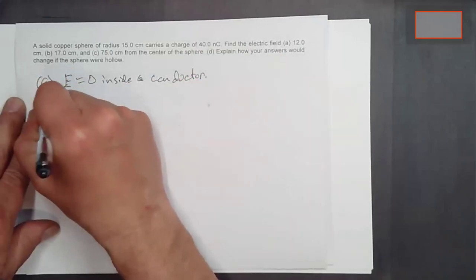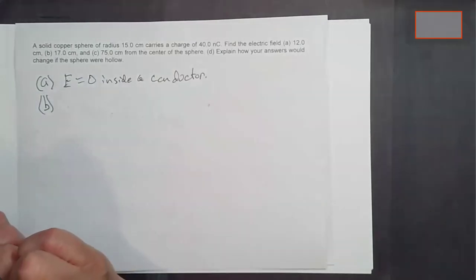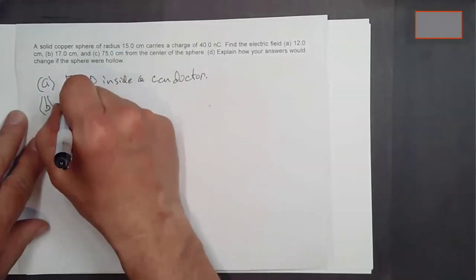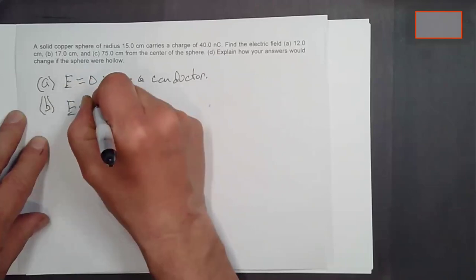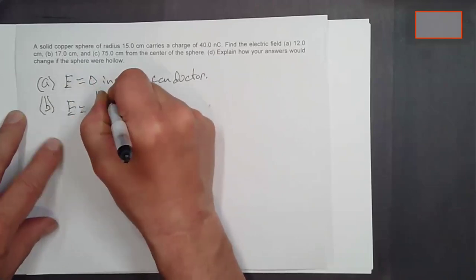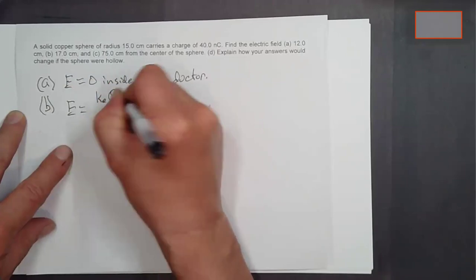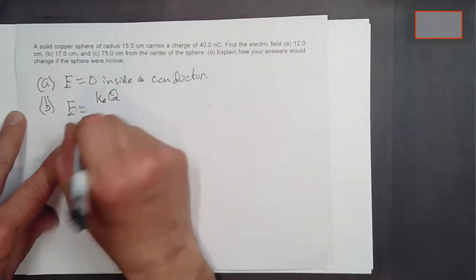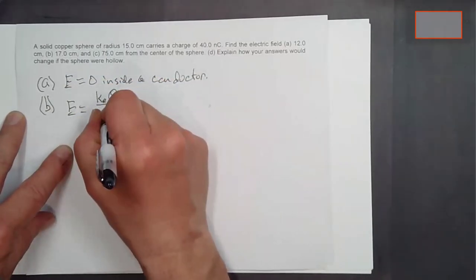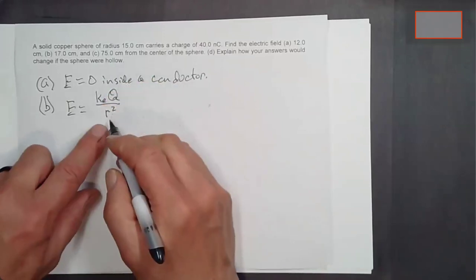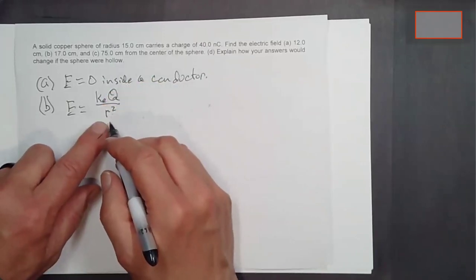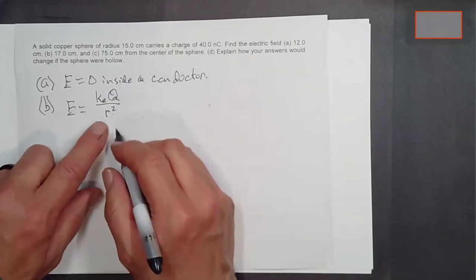But for B, the electric field will just equal K sub E times the charge on the sphere, 40.0 nanocoulombs, divided by R squared, where R is the distance you are from the center of it. That's the R that shows up in this expression.